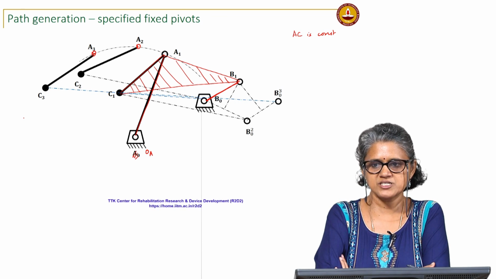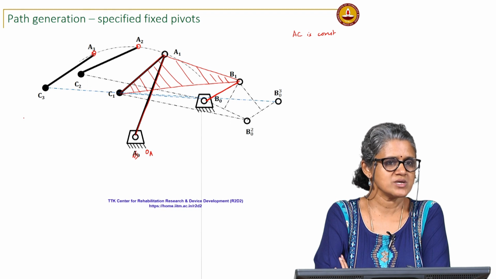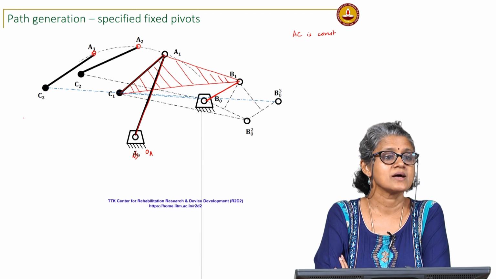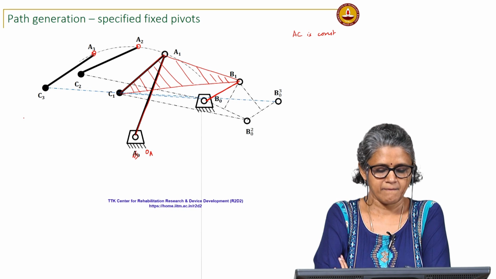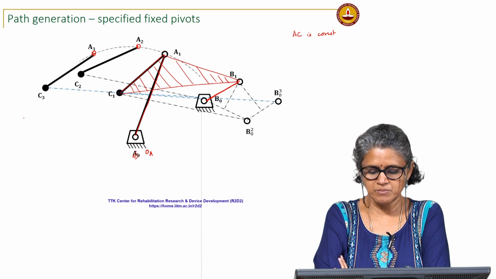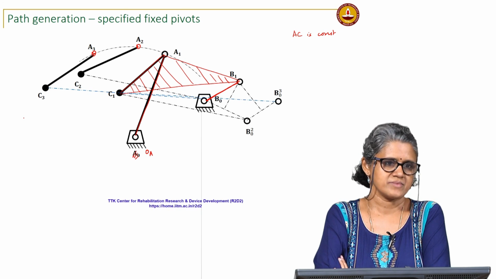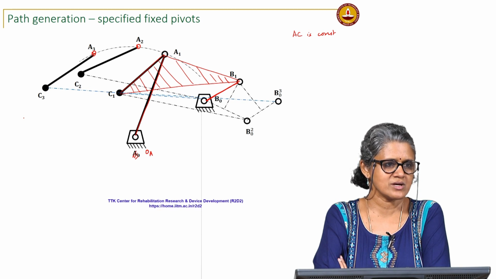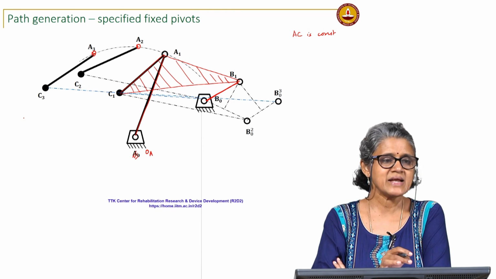So, the path generation problem essentially reduces to the motion generation. Yes. The distances of B, yes, because A and C are on a rigid body, so I can find the relative locations.